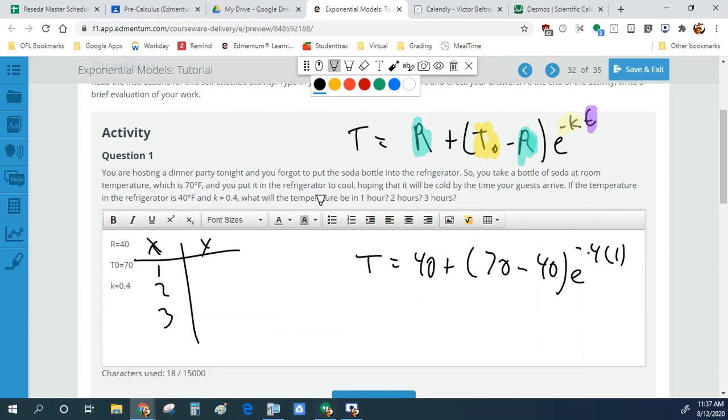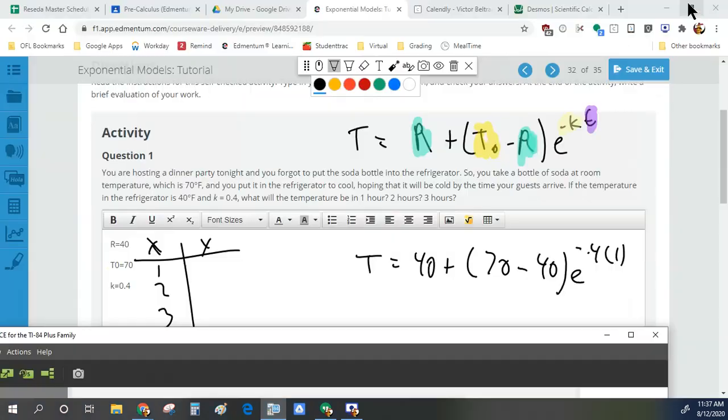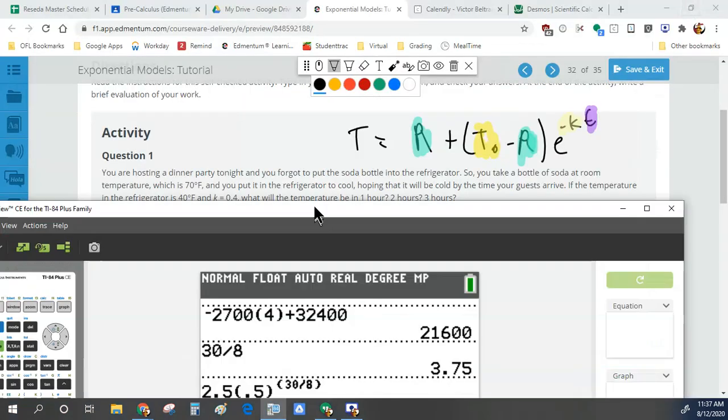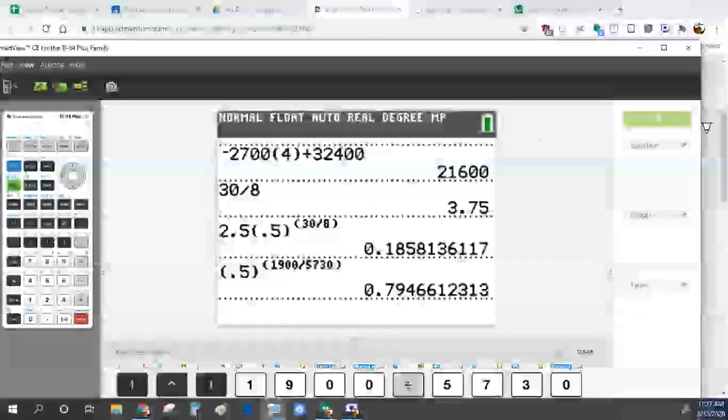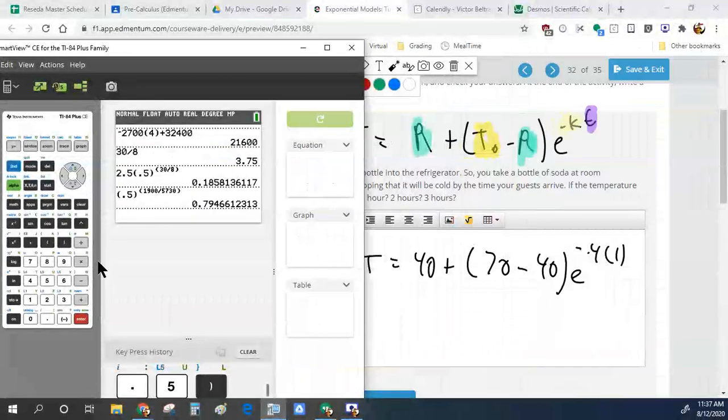40 plus, okay. Oh, you know what? I think I can make this calculator smaller. Cool. All right, so I'm going to do 40 plus parentheses 70 minus 40. So in other words, 30. You technically don't need the parentheses.